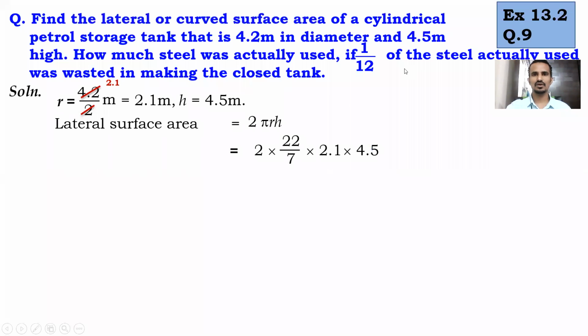Get this done, all of you. So we can just divide that 2.1 by 7. It will give us 0.3. 2 into 22 into 0.3 into 4.5.